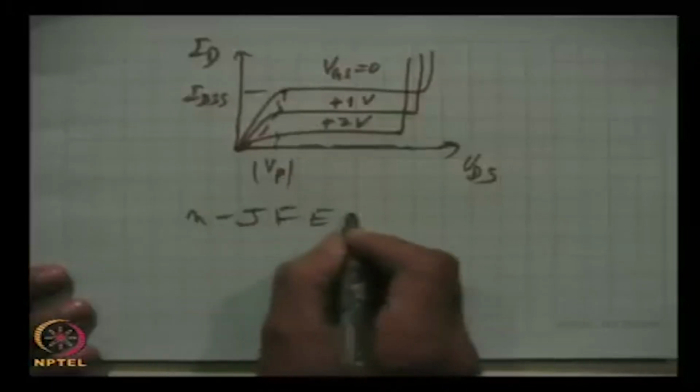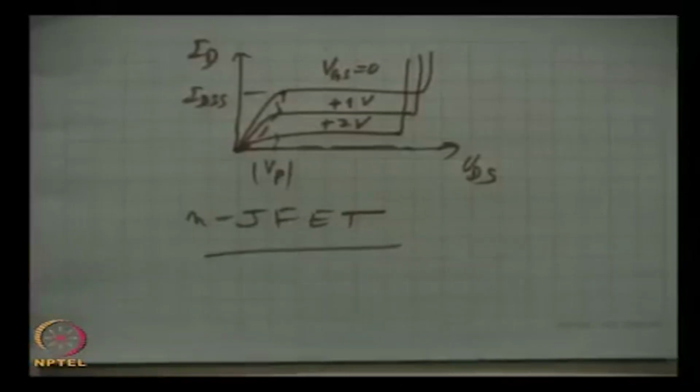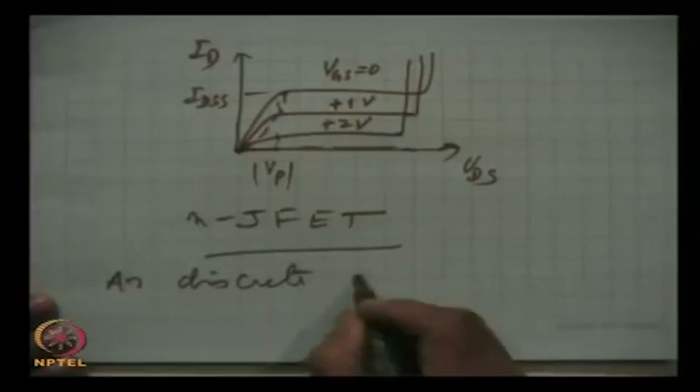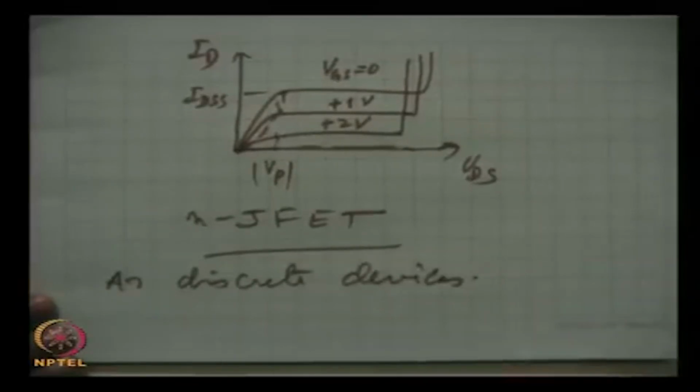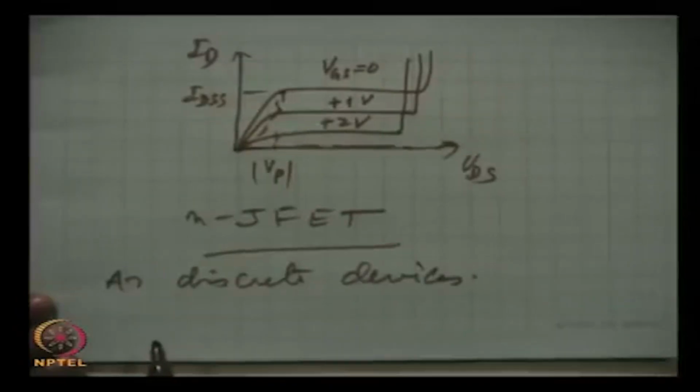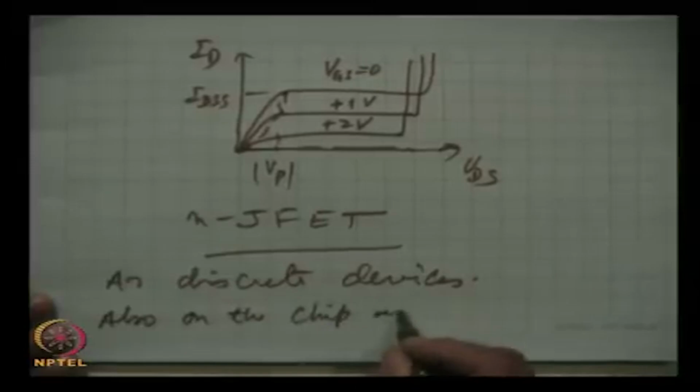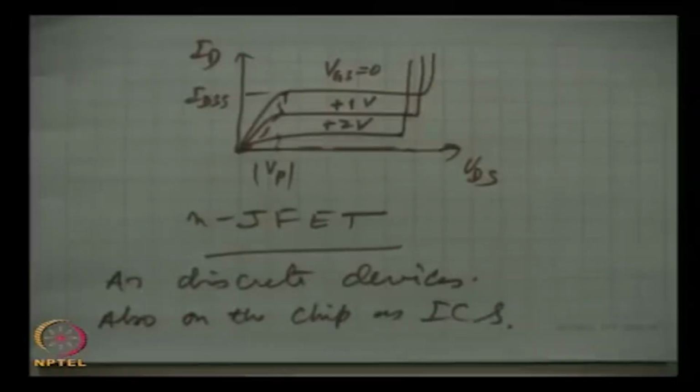So, N type JFET is more popular as compared to the P type JFET. JFETs, junction field effect transistors, are fabricated as discrete devices, and also on the chip in integrated form, as ICs. They are available.